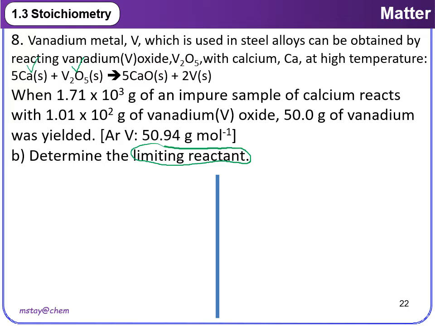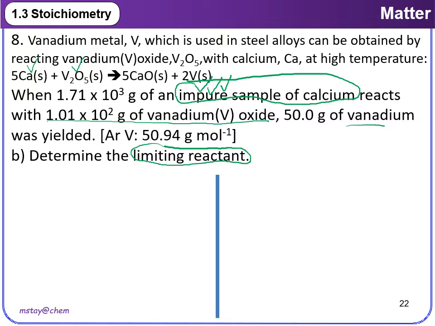But in this case, we cannot compare these two reactants at the same time, because the sample of calcium given contains impurities. So we cannot use the mass to determine the number of mole of calcium directly. So in this case, we have to use vanadium to compare with the vanadium 5 oxide.